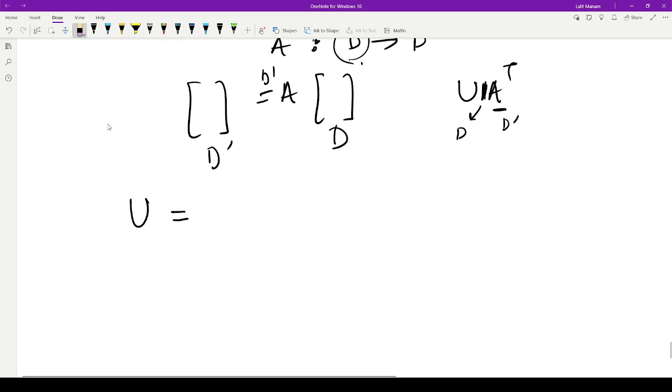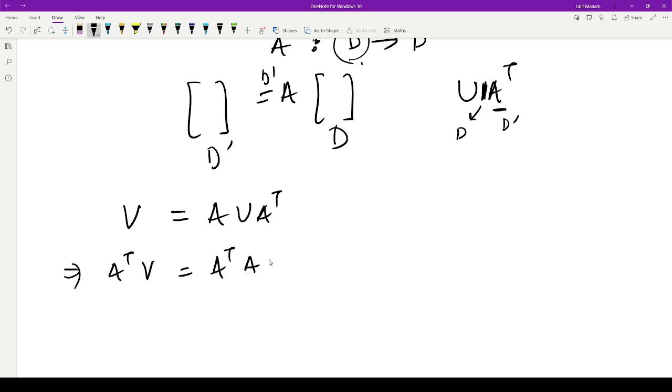Okay, I will go stepwise. V equals A U A transpose, which implies A transpose V equals A transpose A into U A transpose.